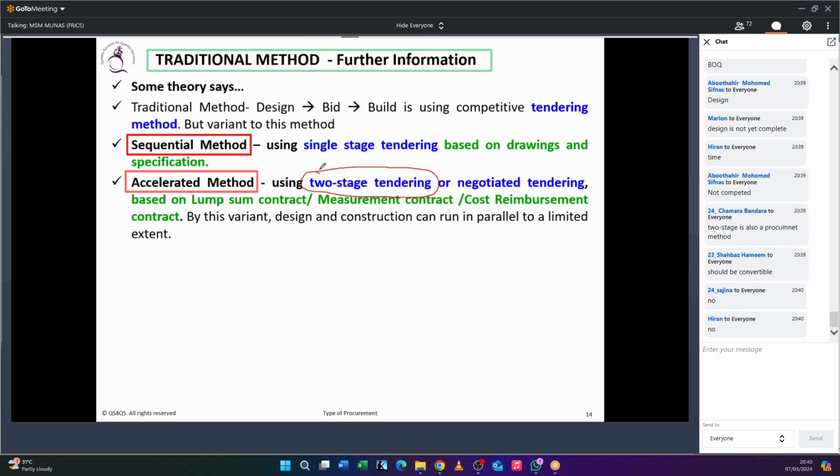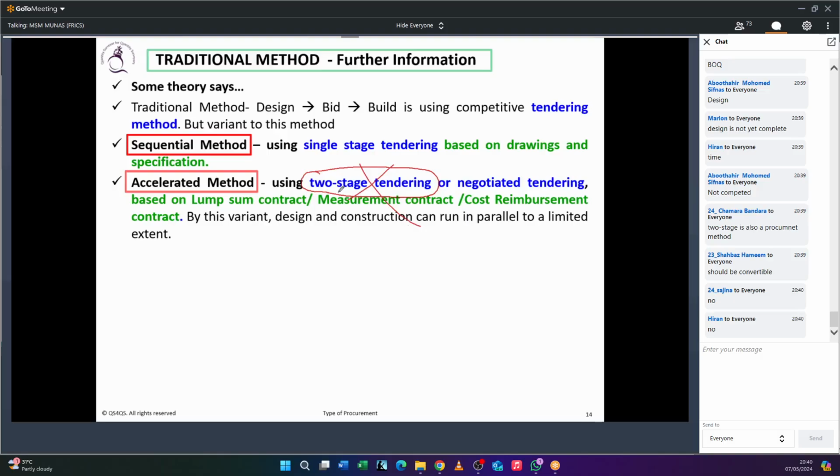Okay. So you have to go again and study the tendering. When we learn about the types of tendering, we learn that two-stage tendering is a special one. It is itself one procurement route. So can we join it with the traditional procurement route? No, isn't it? So that's not correct. It is separate.